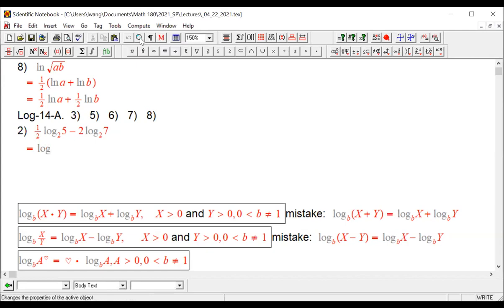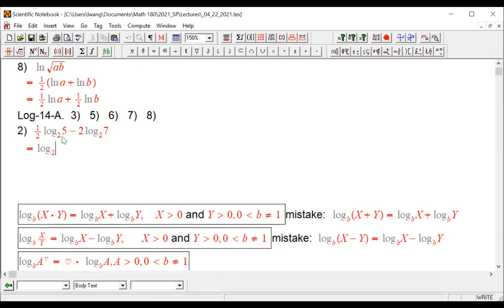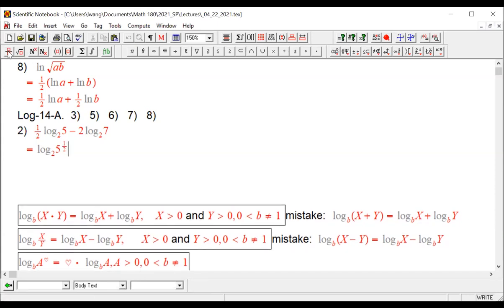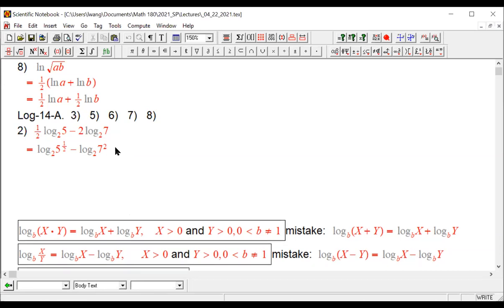So log base 2 of 5 raised to the power of half. We use the power rule. And for the 2 times log base 2 of 7, we have to do the power rule again, so it's going to be 7 to the power of 2. You guys see that?